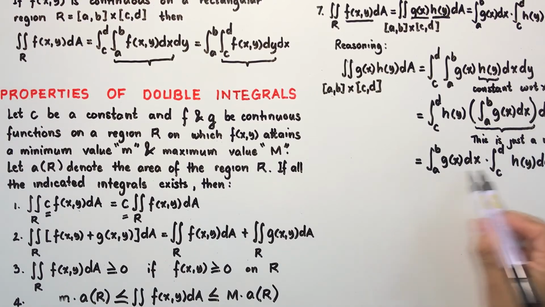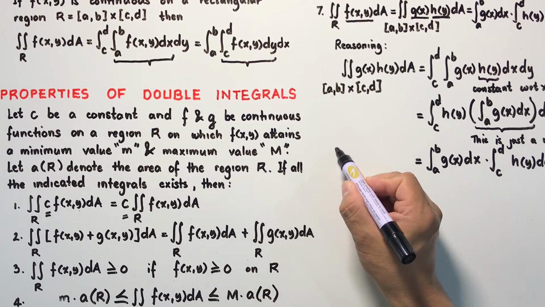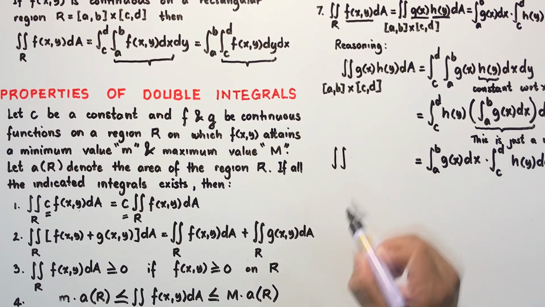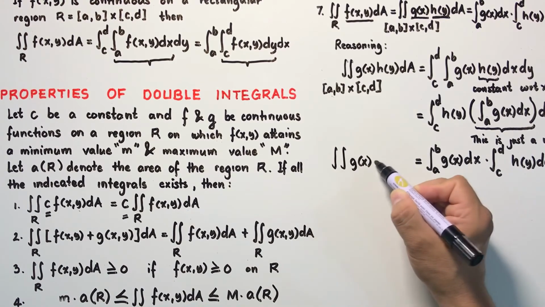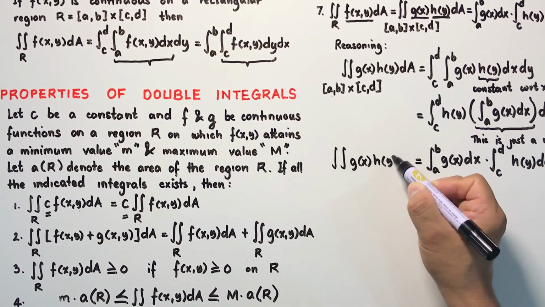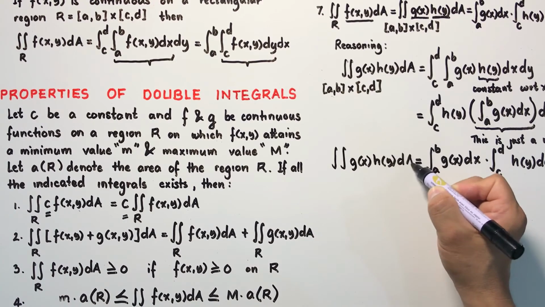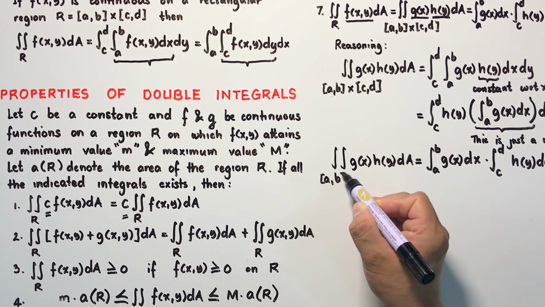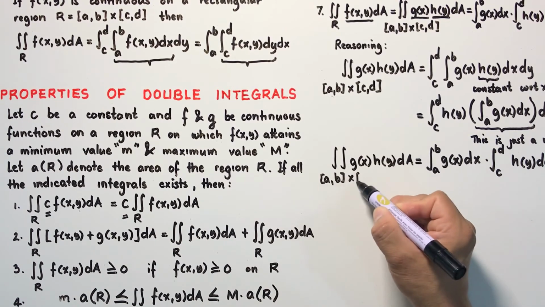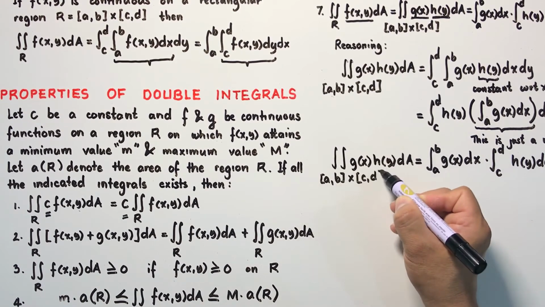Now remember that this is just equal to the double integral of our product function, g of x and h of y, with respect to the rectangular region a to b cross c to d.